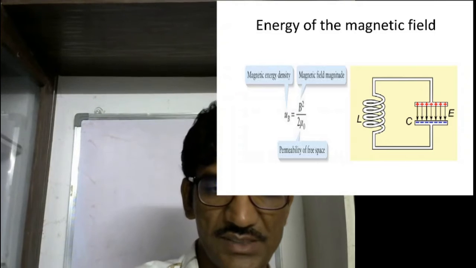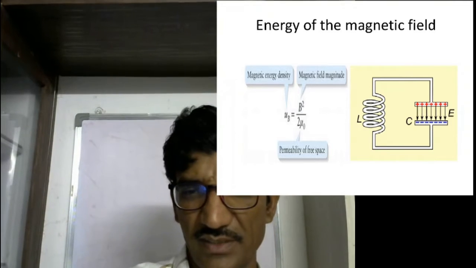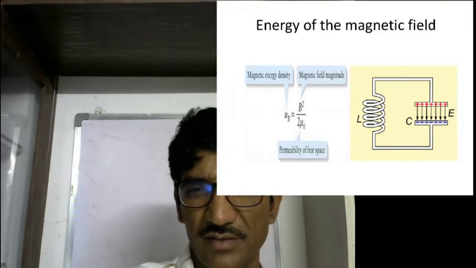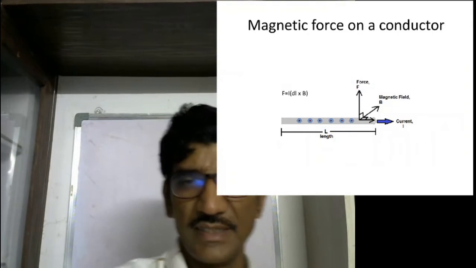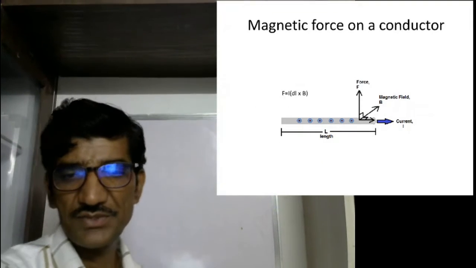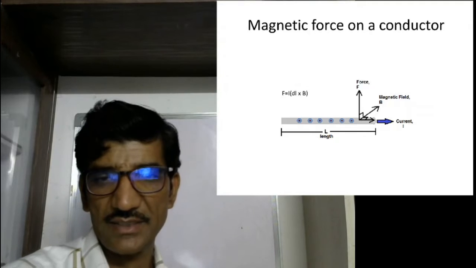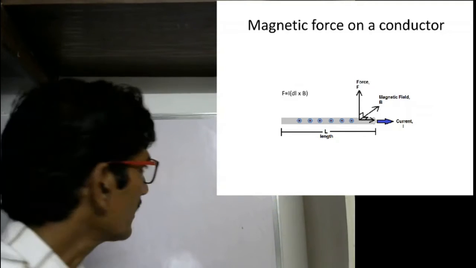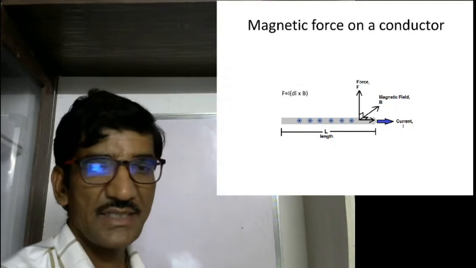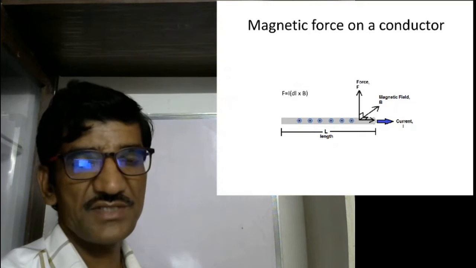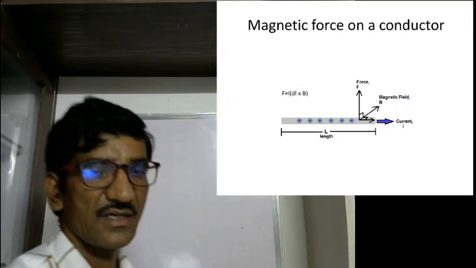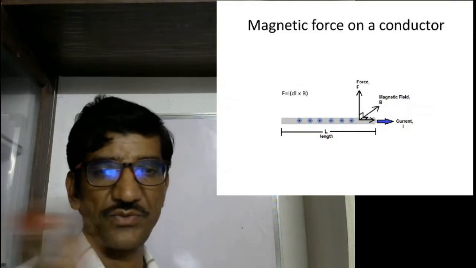Now let us go to the other topic: magnetic force acting on a conductor. Here we are placing a conductor instead of a single charge. Inside the conductor there are so many charges flowing through it.